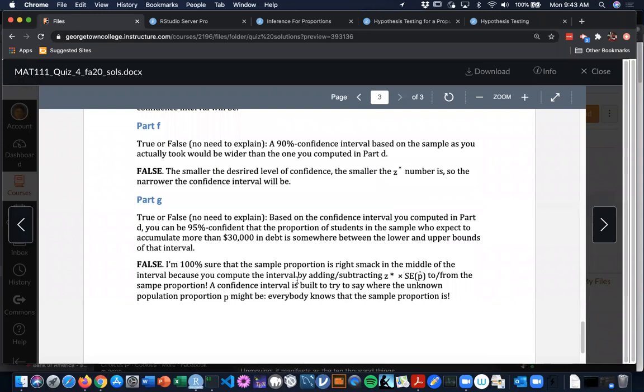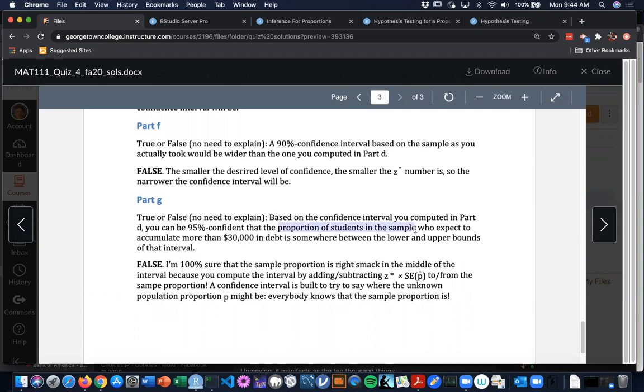And Part G: based on the confidence interval you computed in Part D, you can be 95% confident that the proportion of students in the sample who expect to accumulate more than $30,000 in debt is somewhere between the lower and upper bounds of that interval. No. You don't make confidence intervals in order to figure out what the proportion of students in the sample is.